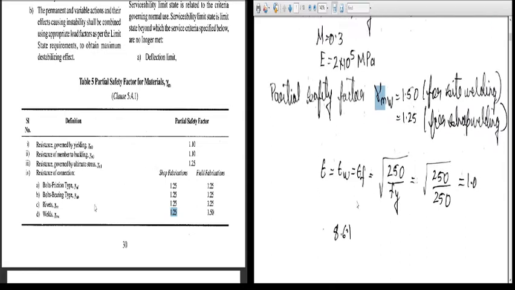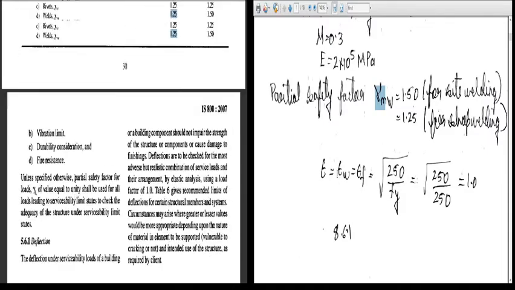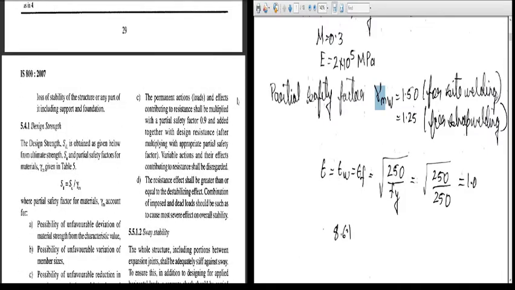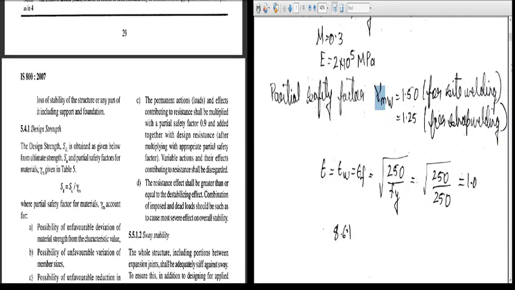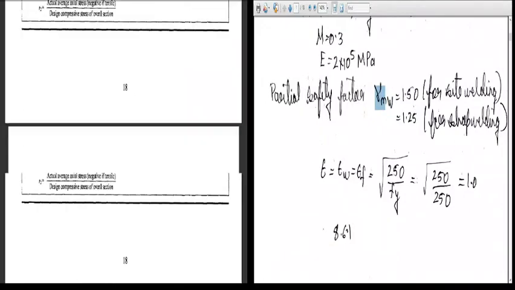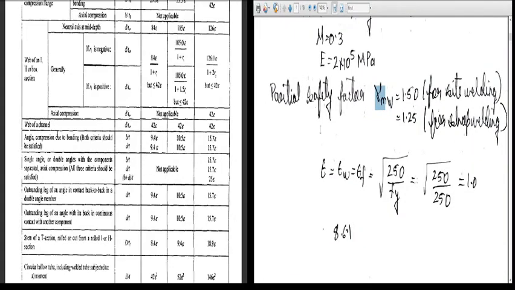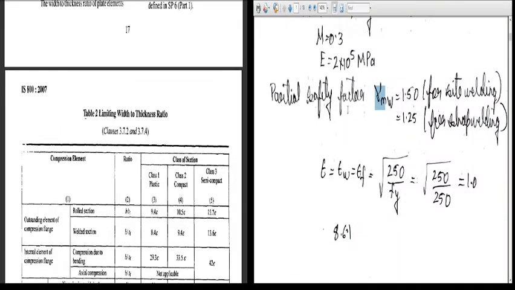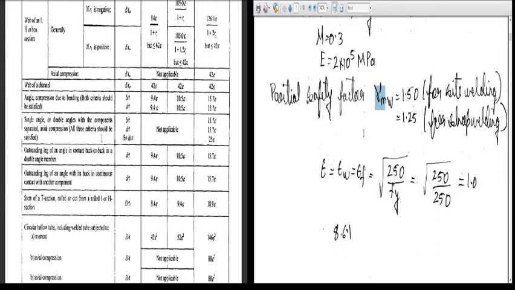Then comes the epsilon, epsilon w for the web and epsilon f for the flange. This is given in the cross section table, table number 2, which is given on page number 80.